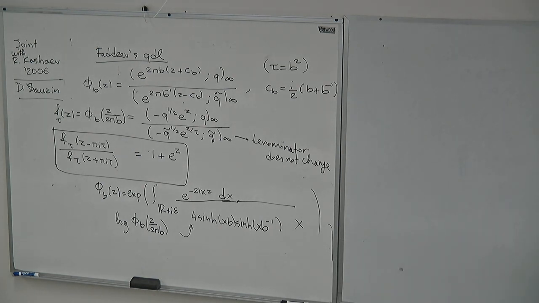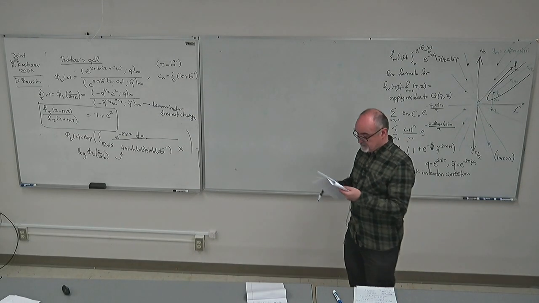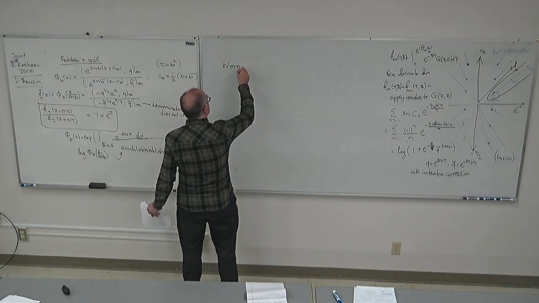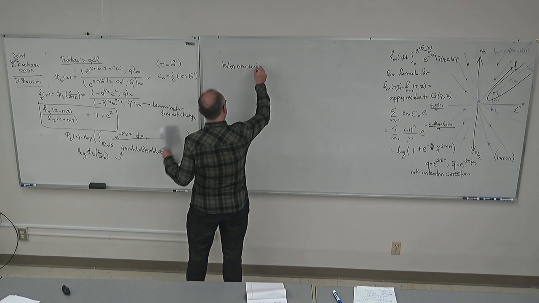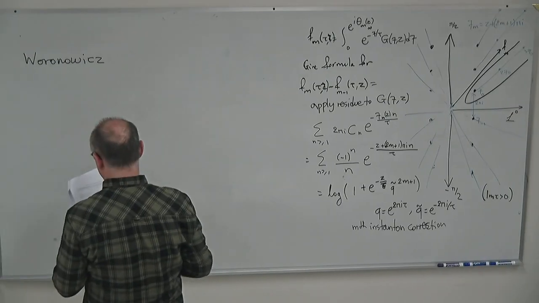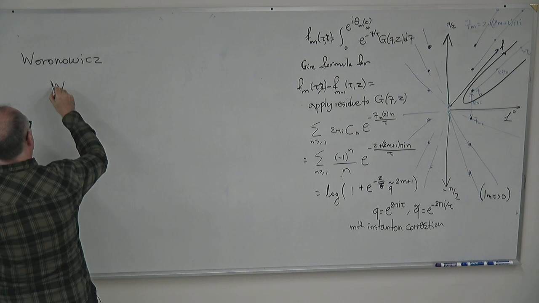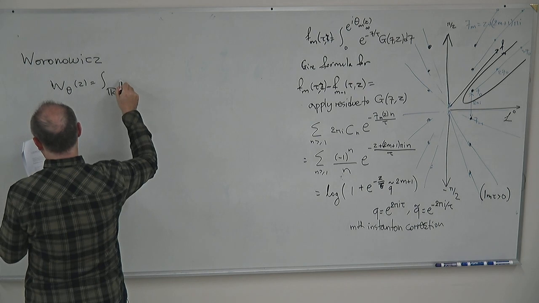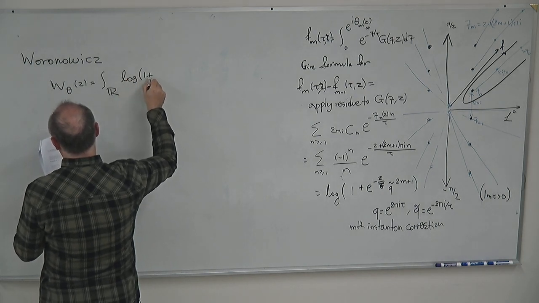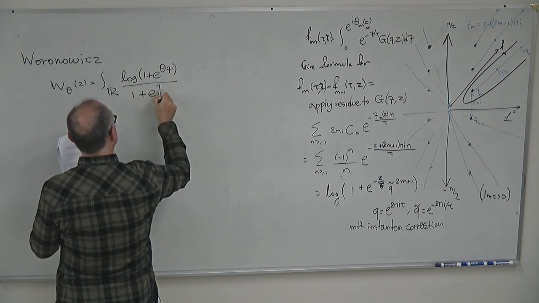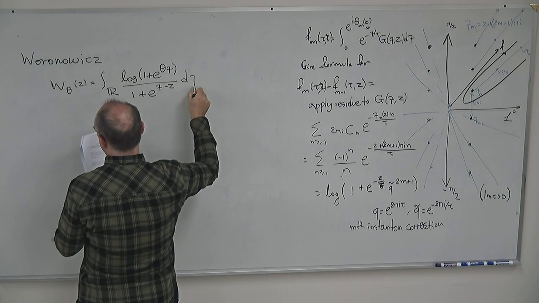And we're going to use a formula due to Woronowicz. Woronowicz introduced the following function: the integral of log of 1 plus e to the theta xi, divided by 1 plus e to the xi minus z, d xi.